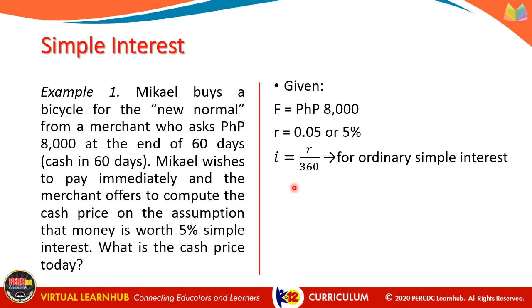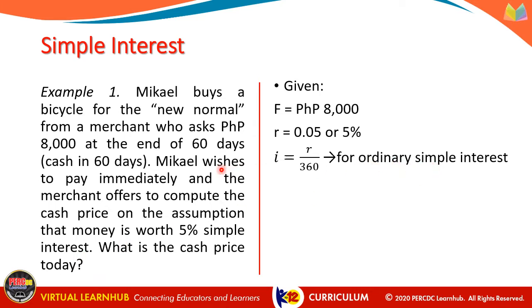Now, you might be asking, why not use 365 days, which is for a normal year, or 366 days, which is for leap year? If it is stated simple interest and it is not clarified whether to use ordinary or exact simple interest, we use ordinary simple interest.